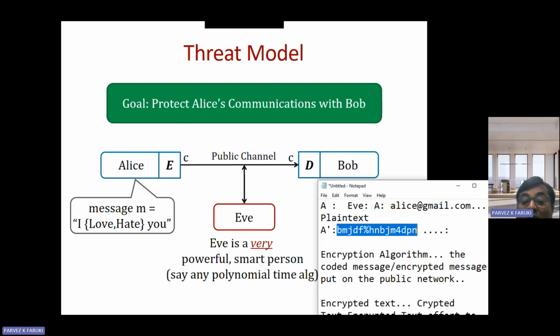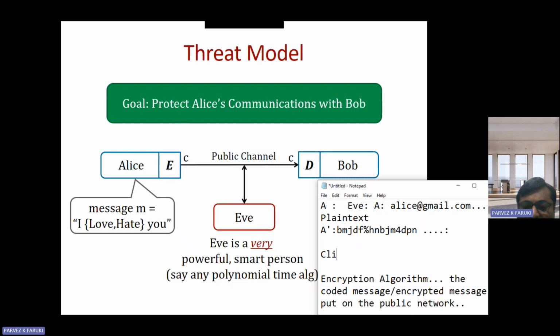He will have to make a substantial effort within a tangible time to know what it is. But remember, he will put in his efforts to do that. Now this content travels over the public channel, over the internet, and reaches the destination.